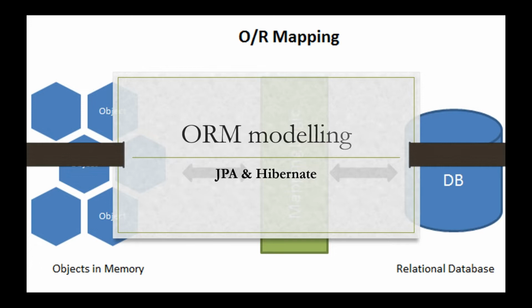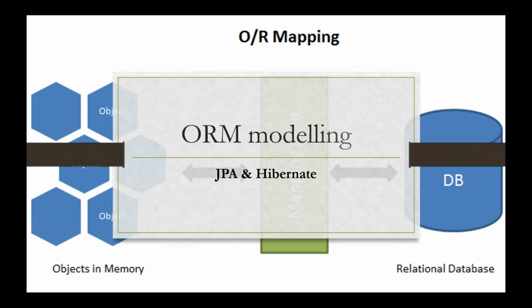It's a specification that defines how we can persist data in Java applications. And Hibernate is an implementation. There are many implementations of that idea for Java, but one of the most popular is Hibernate.